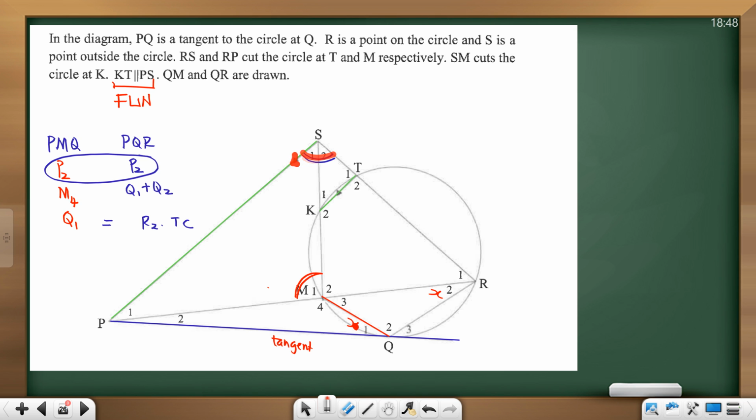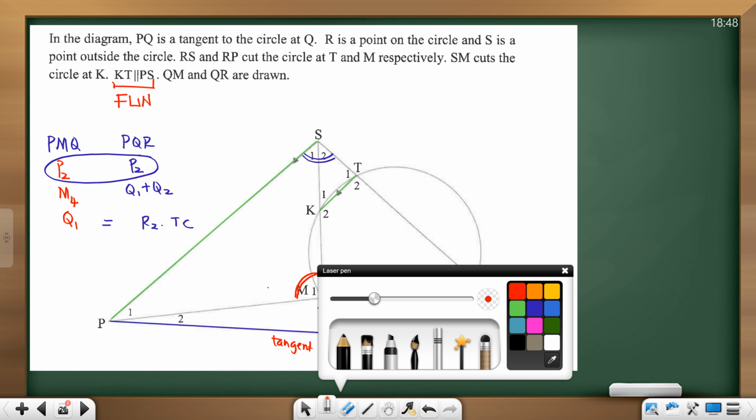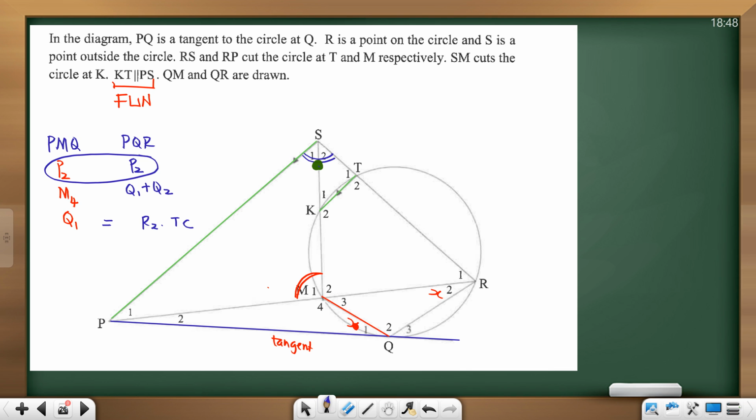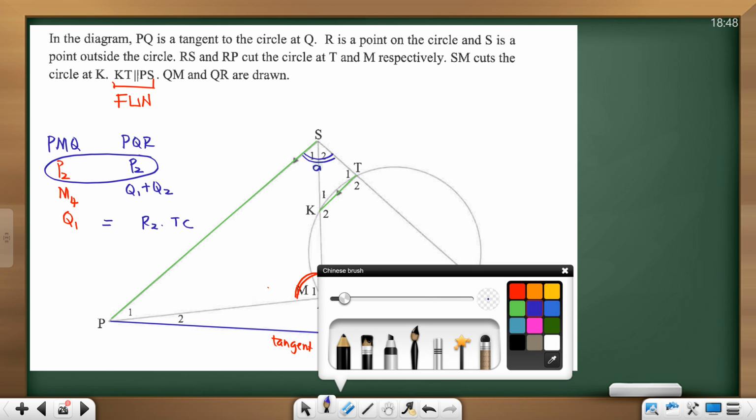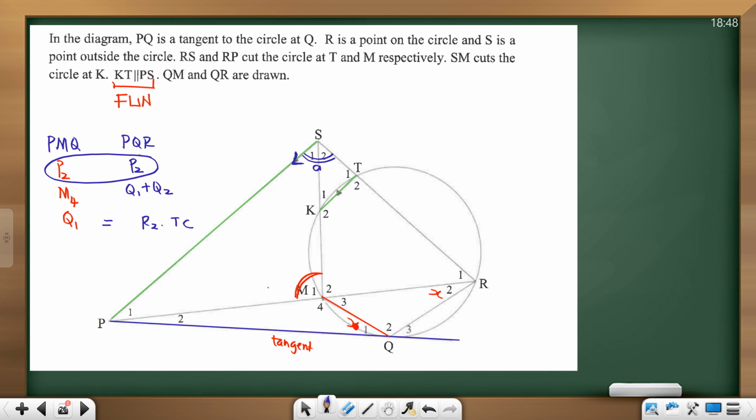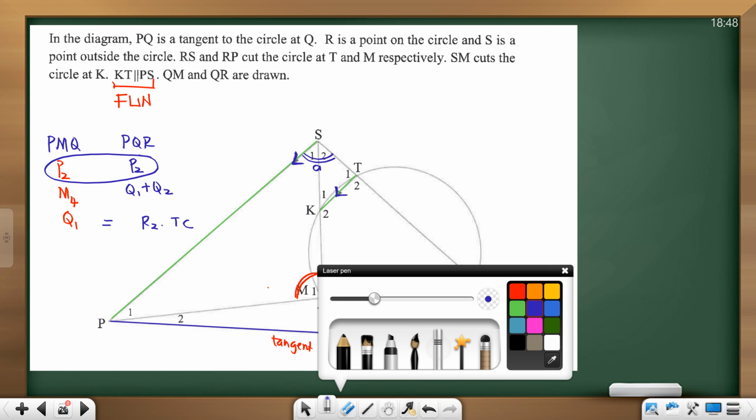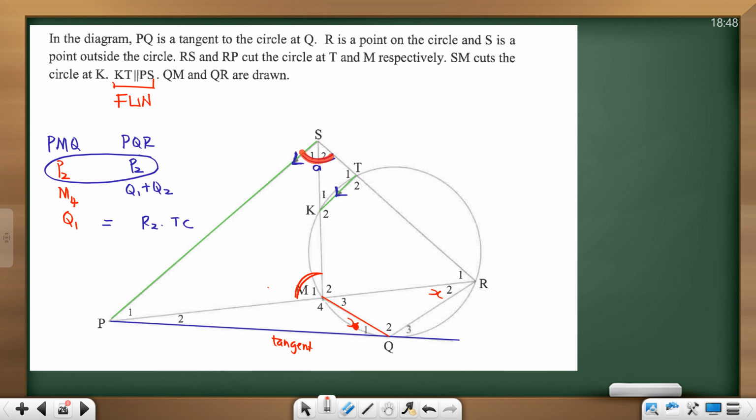If it is touching a parallel line, it means it has something to do with F, U, or N. Let me call this angle, for ease, small a. You are allowed to do that when you're working. Because it is connected to a parallel line, let's try to find an angle that this will be equal to.